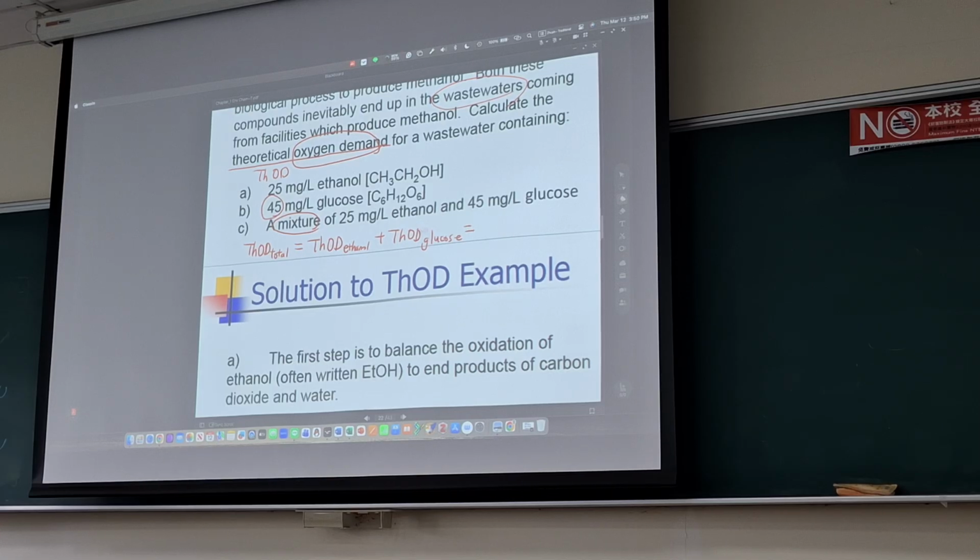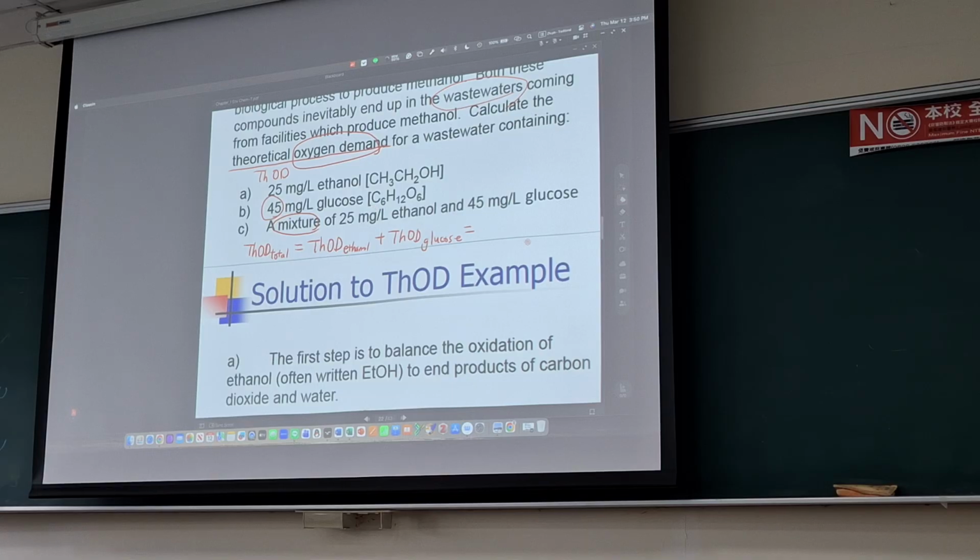So question C is super easy. So we already found the answer for A and B, right? So it's the answer from A plus answer from B. That's it. So it's 52 plus 48. The answer is going to be 100 milligram oxygen per liter.